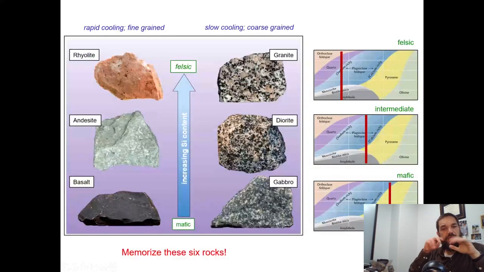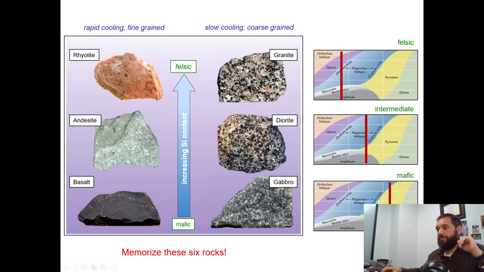So here are the 6 igneous rocks that you should know for the test. They're organized, again, with 3 compositions and 2 different textures: fine-grained and coarse-grained. The compositions are mafic, intermediate, and felsic. That creates 6 different rocks.